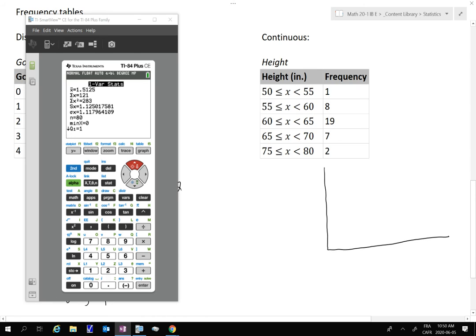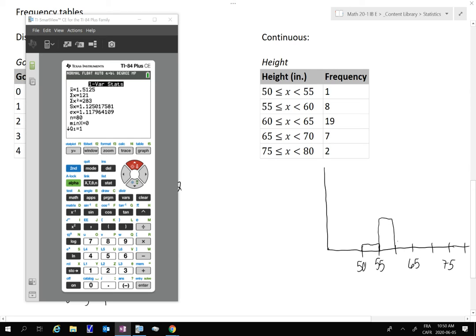Oh, that's terrible. Not a straight line. So let's say I have 50, 55, 60, 65, 70, 75, 80, as an example. If I only have one between 50 and 55, I show that by making the bar run from 50 to 55.